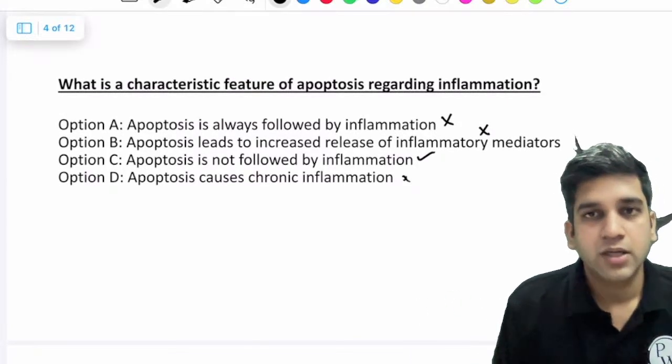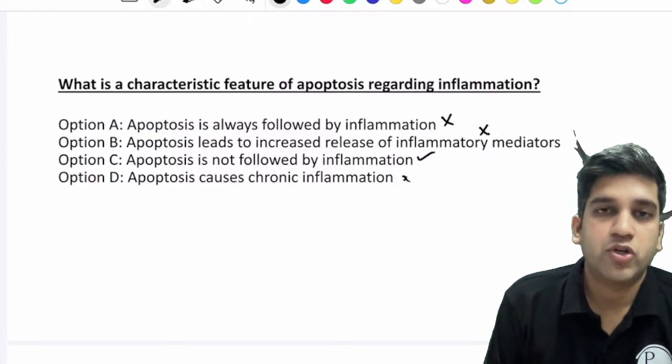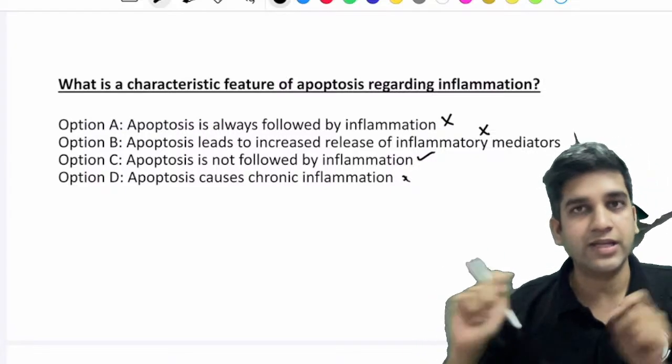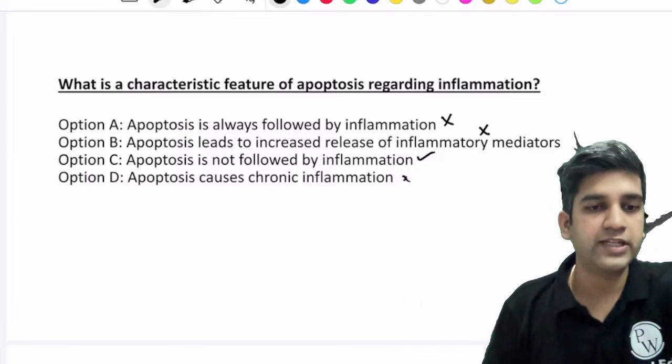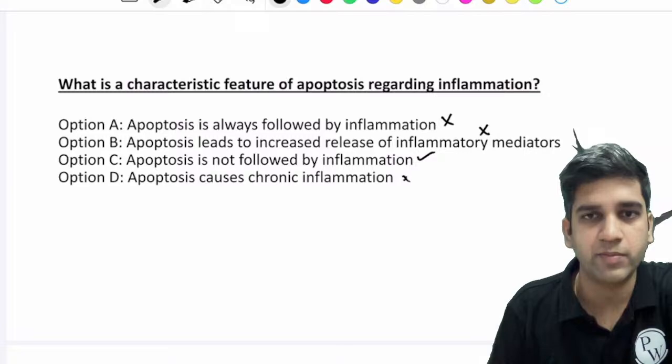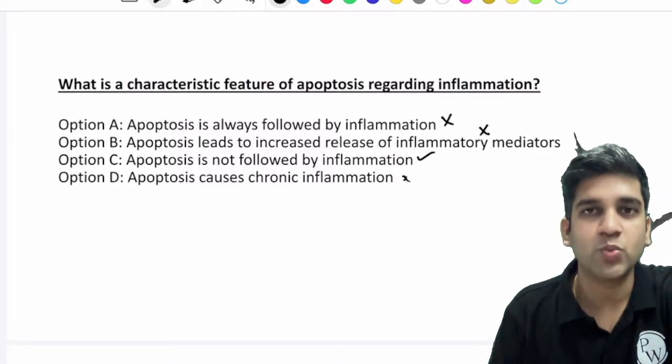Now my question is, if apoptosis is not going to cause inflammation and necrosis is, what is the reason that necrosis causes inflammation? Can anyone tell me why necrosis causes inflammation and why apoptosis doesn't? Whatever you said is right, it will not cause inflammation. My question is why? The simple reason is that in necrosis we have cell membrane damage.